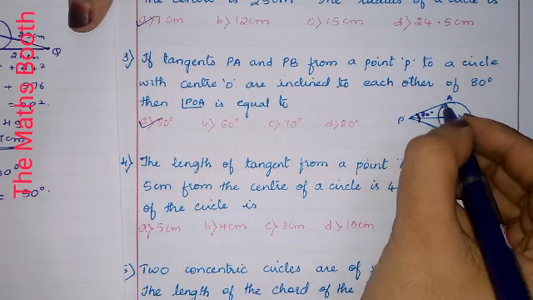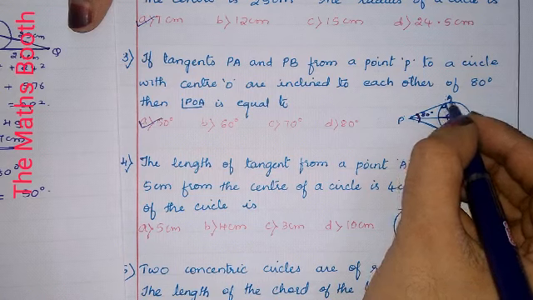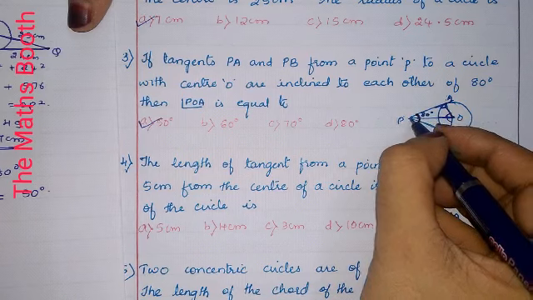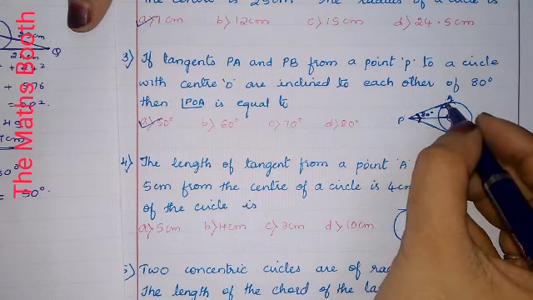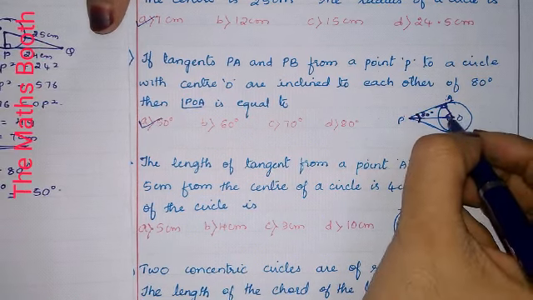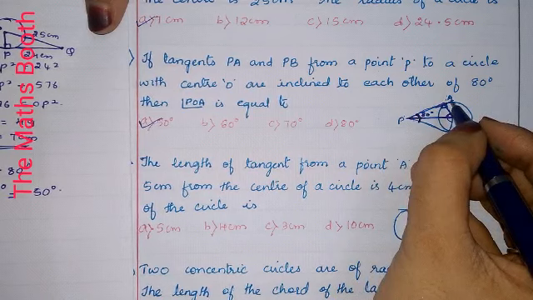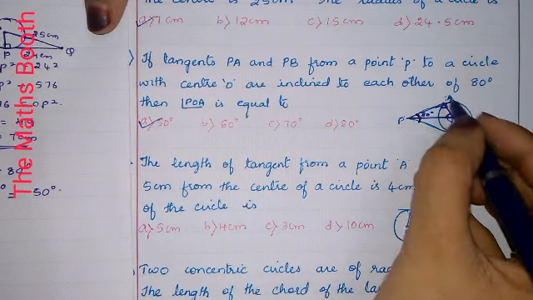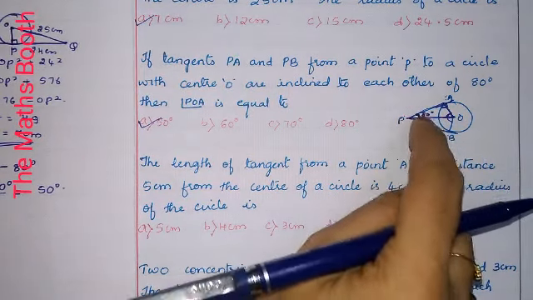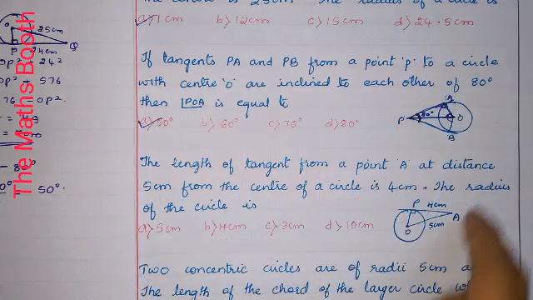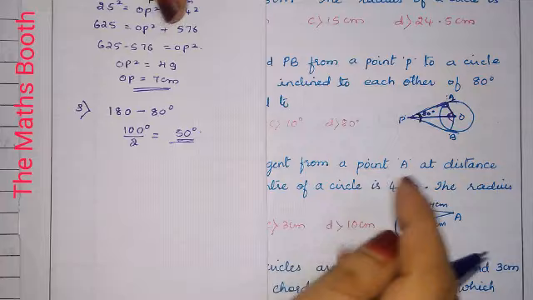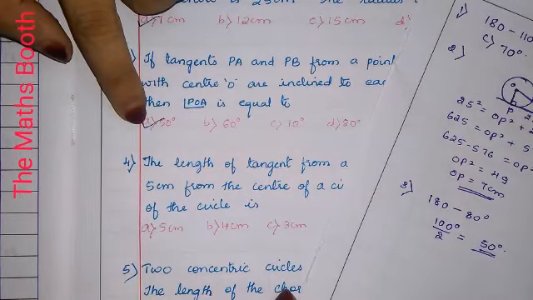And this is 90, you know the angle between radius and tangent is always 90 degrees. So the angle is bisected. In the triangle, 40 plus 90 plus POA is equal to 180 degrees. So 180 minus 40 plus 90, you will get 50 degrees again. So the correct answer is 50 degrees.